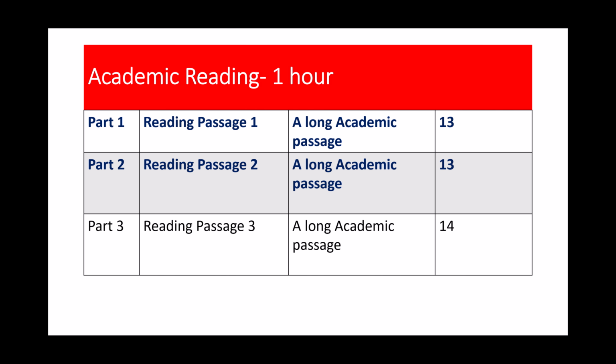And then in passage 2 or section 2, we are having another long academic subject, 13 or 14 questions should be followed. And part 3 or section 3, another long academic topic, and there are about 14 questions. In general, we have to answer 40 questions during 1 hour. The length of each passage is between 950 words to 1,200 words, plus the number of questions that should be covered.